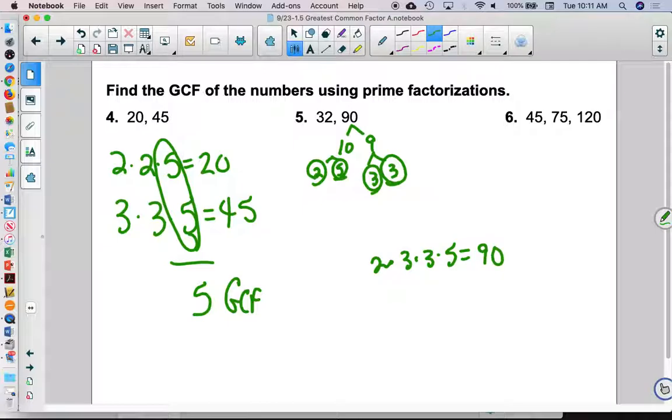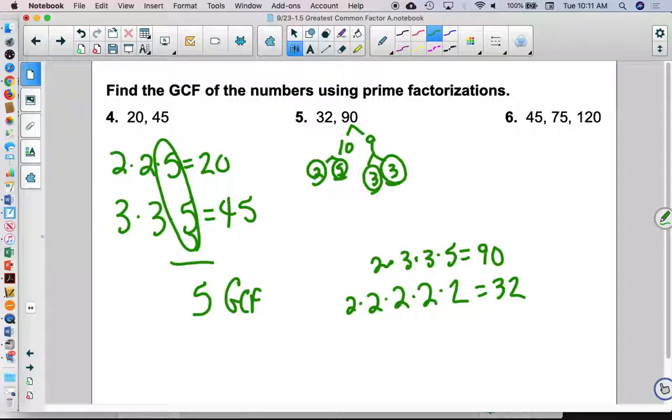And then on my 32, we have 2 times 2. What do we have on 32, Amelia? 2 times 2 times 2 times 2 times 2, is it 2 to the 6th then? 2 to the 5th. Wow. What's its greatest common factor? 2.